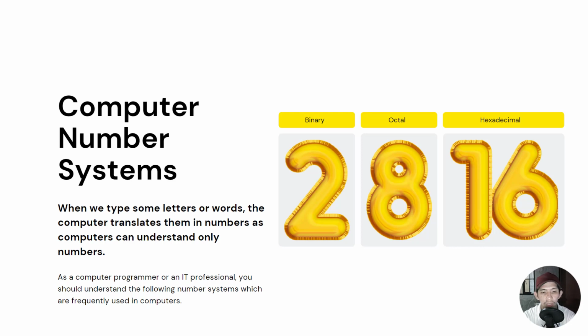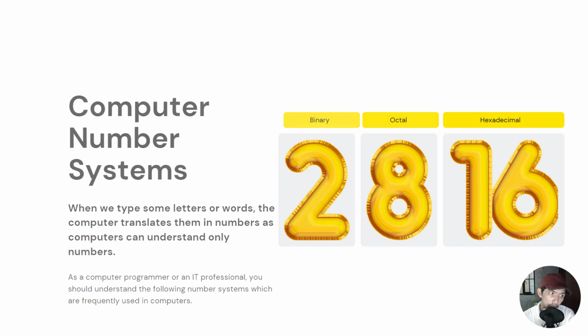It starts from 0 to 9, which is 10, parang yung decimal kanina. Then susunod sa 9 is A, B, C, D, E, and F. Yun yung composition ni hexadecimal. Papakita ko sa inyo later on kung paano yung composition niya mismo.